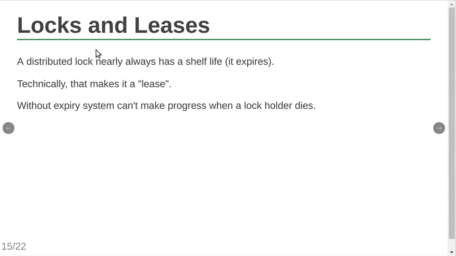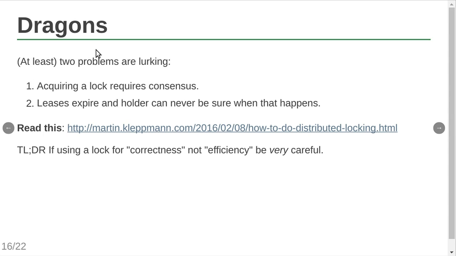If the lock holder was to just disappear off the face of the planet, which happens every day, network partition, crashes, out of memory, garbage collection, there's all sorts of reasons why that would happen. If you want the system to be able to make progress at all when the holder dies, you have to expire the lock. And that's really kind of the good news and the bad news, or it's the bad news and the bad news. That's life. And that's the way that things are.